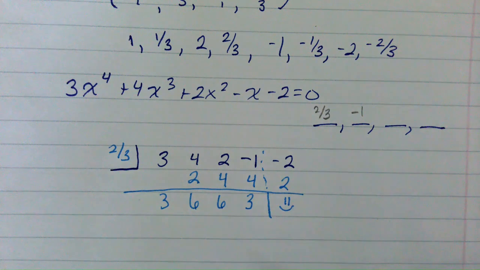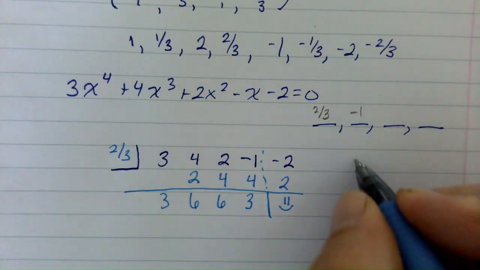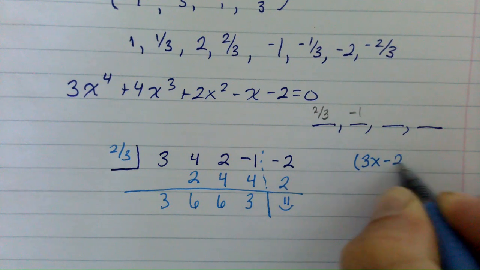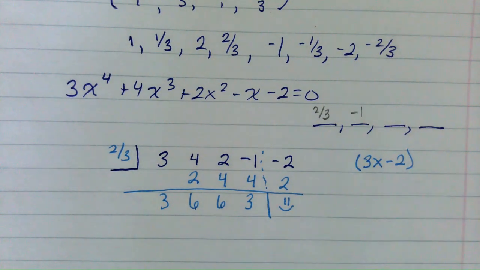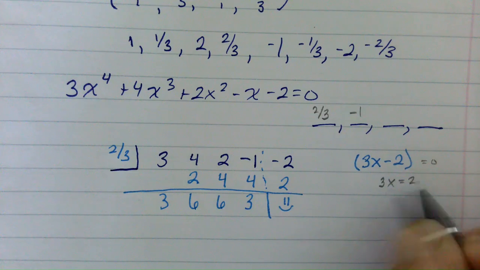Now just a quick note. If you ever have 2/3 as a root, your parenthesis is 3x minus 2, because when we're factoring, we really don't want fractions inside. And if you set that equal to 0, you would add 2 and then divide by 3.